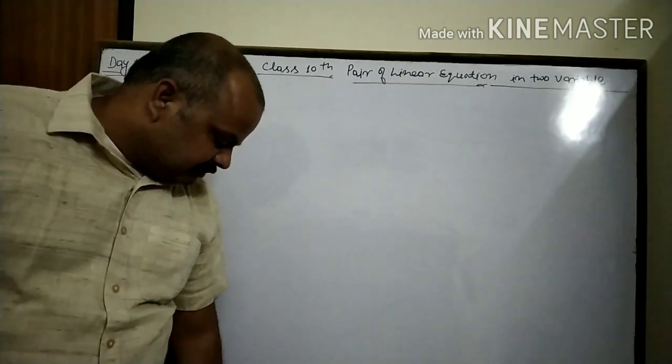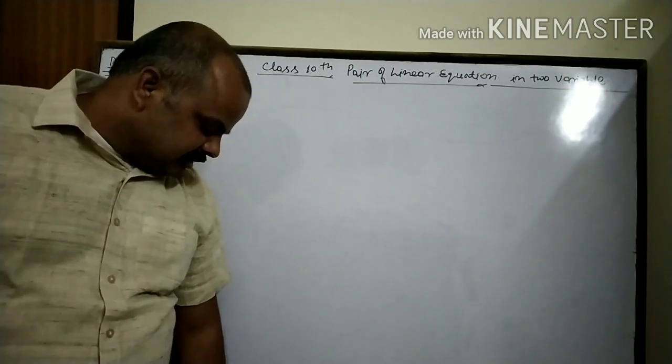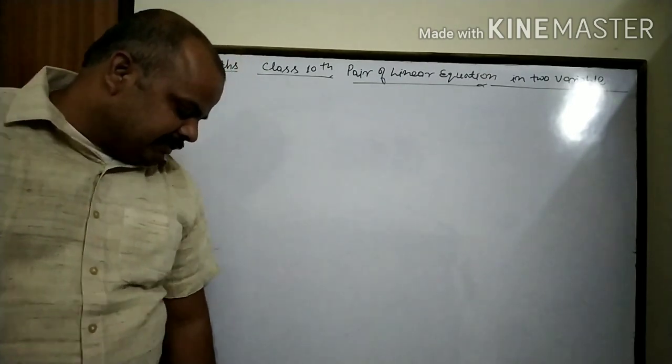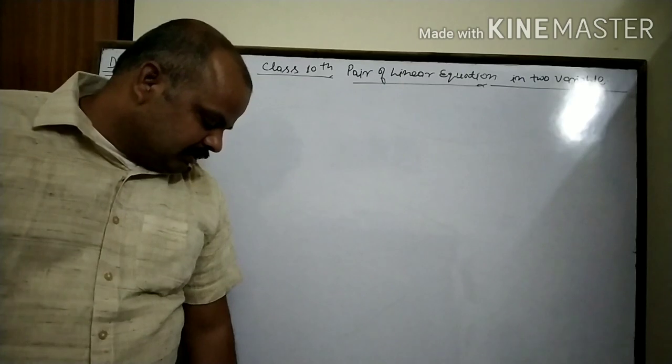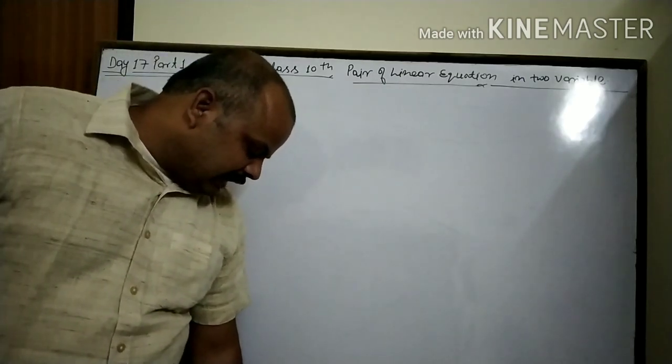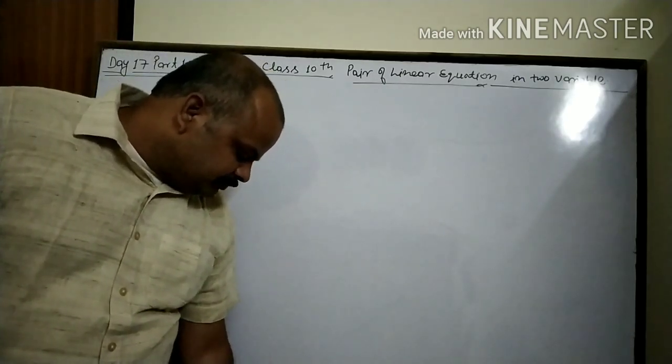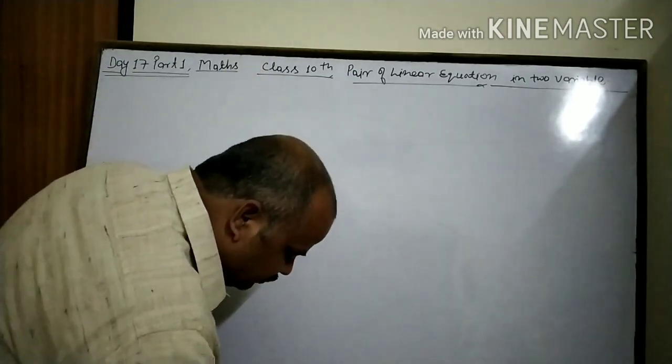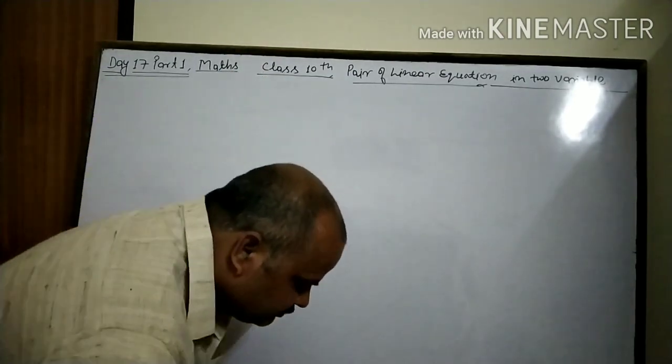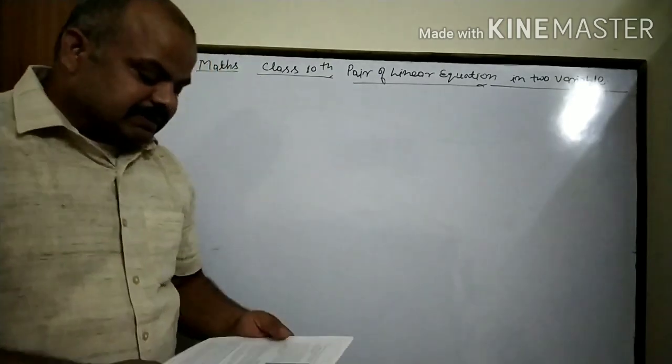3.1, Aftab tells his daughter, 7 years ago I was 7 times as old as you were then. Also, 3 years from now I shall be 3 times as old as you will be. First of all, we discuss the same question.